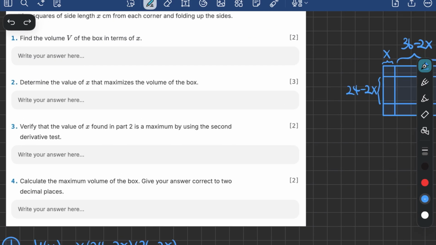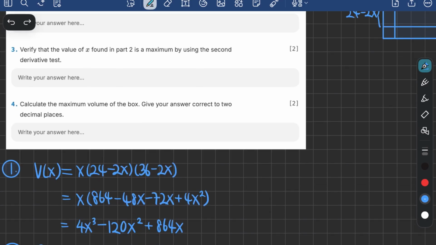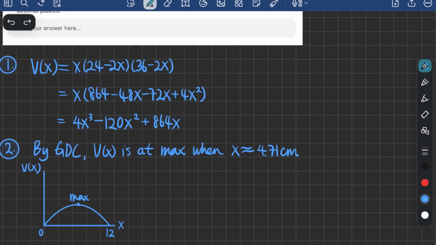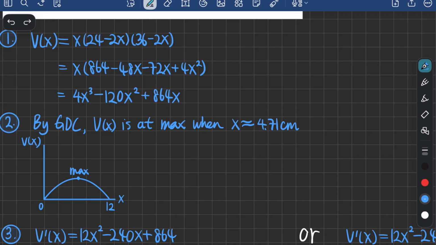So the second question needs us to use the calculator. It wants us to find the value of x to maximize the box volume. So let's just plot this. And then we'll have that by GDC, the volume is at maximum when x is approximately 4.71 centimeters.